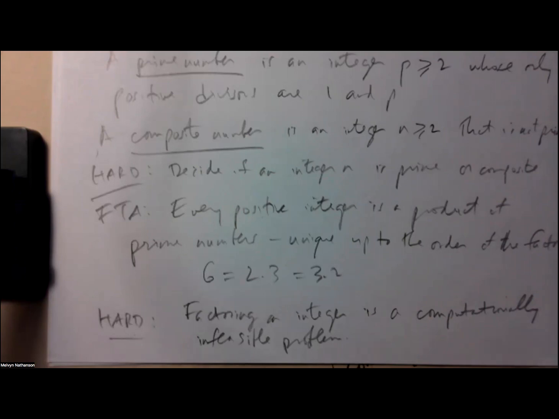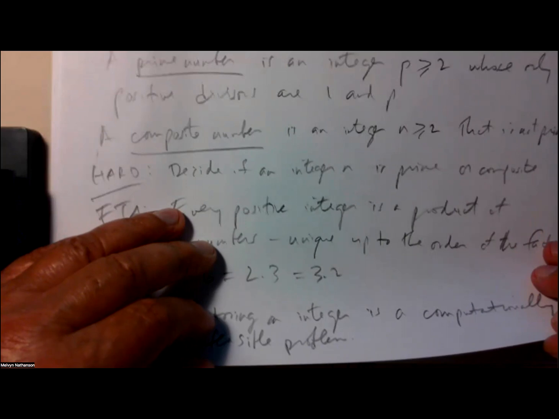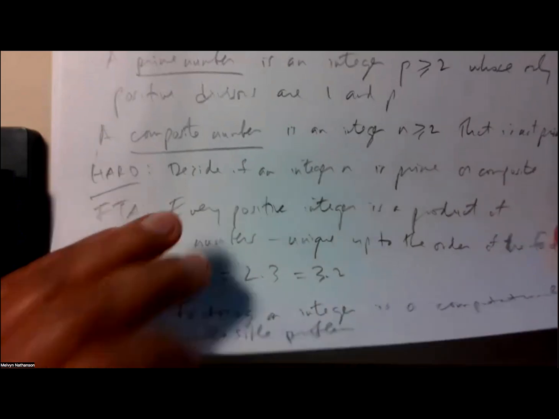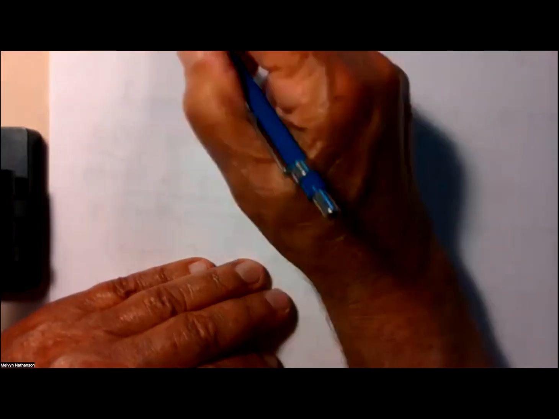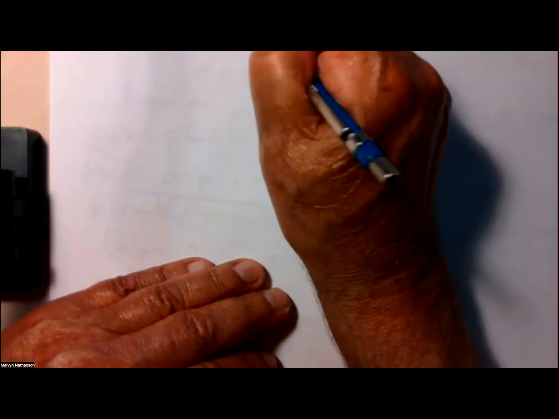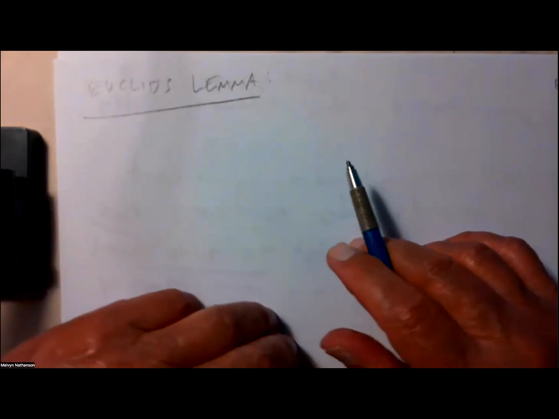Okay, so if something is called a fundamental theorem, it's probably fundamental, and we need to learn how to prove it. The first step is a lemma that goes back to Euclid 2,500 years ago. It's really a theorem, but it's traditionally called Euclid's lemma. Euclid's lemma says the following.